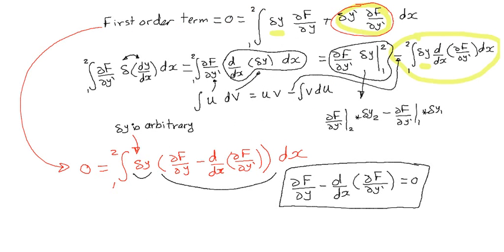This new condition, this one, is termed, and I will write it in clear letters because it deserves so, the Euler-Lagrange equation. It's a very famous equation.